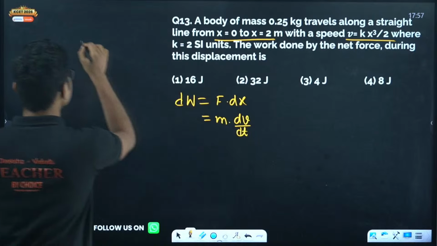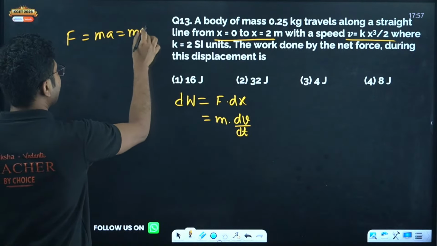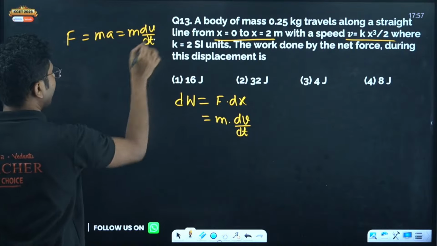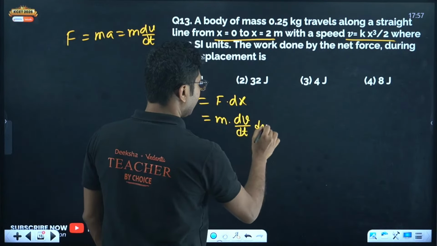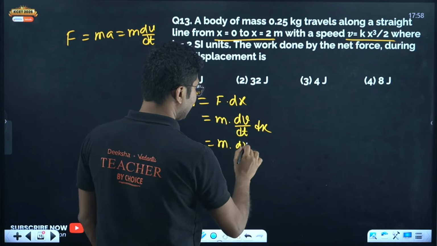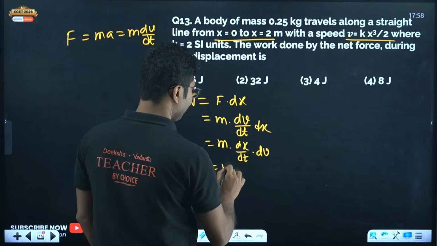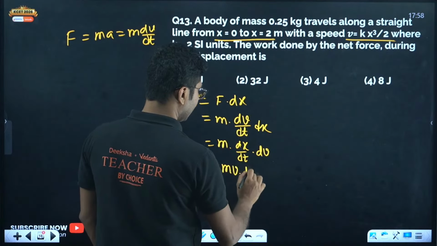Force is mass into acceleration, which is mass dv by dt. Or this can be written as m dx by dt into dv, that is mv dv.